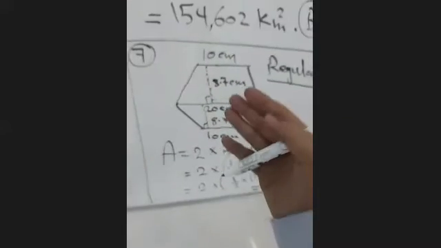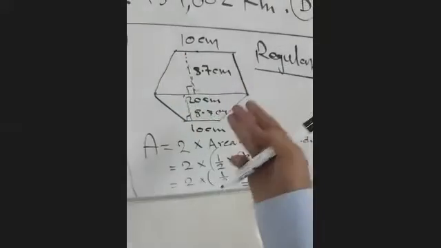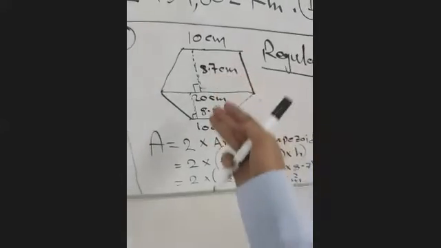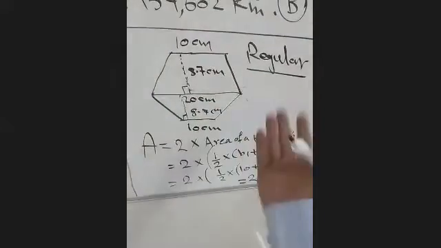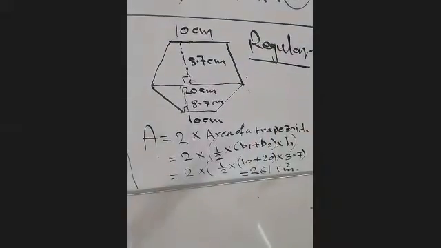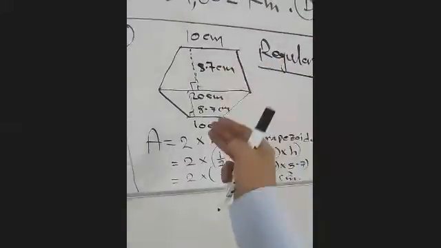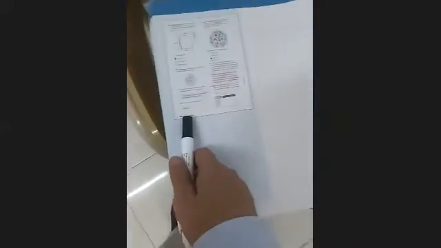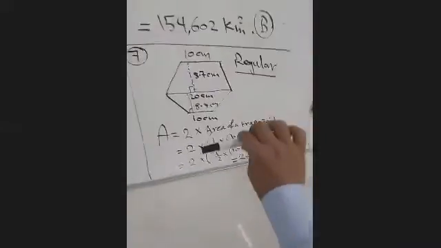So in part A, you will write that we decompose the hexagon into 2 equal trapezoids. This is part A. In part B, the area.